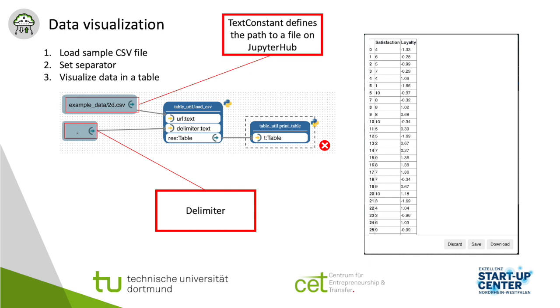All data can be viewed in the file system of the JupyterHub. Besides the path to the file, also the separator has to be adjusted. For this, the value of the other text constant is set to comma. Finally, the process is executed again via right-click Execute on Jupyter. The result shows the data of the 2d.csv file.